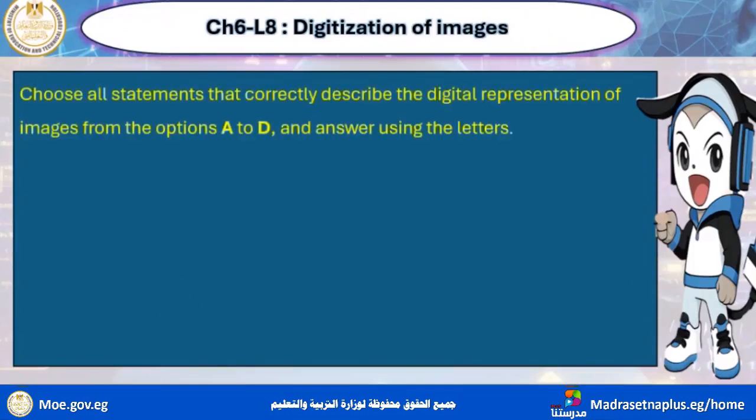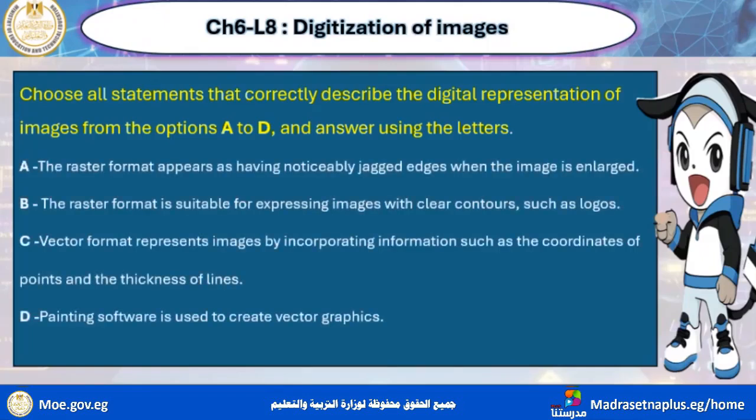Choose all statements that correctly describe the digital representation of images from options A to D and answer using letters. A: The raster appears as having noticeably jagged edges when the image is enlarged. B: The raster format is suitable for expressing images with clear contours such as a logo.